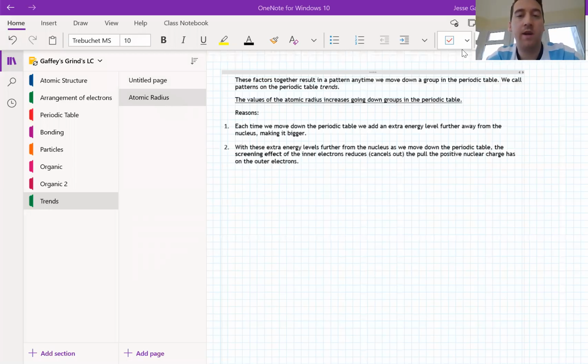Okay, so just a quick reminder, these factors together, as we move down a group, we add extra energy levels and we increase the screening effect. And as we move down the table, the atomic radius increases, it gets bigger. Now we call these types of patterns on the periodic table trends. So the trend for atomic radius is as we move down the table, the radius gets bigger.